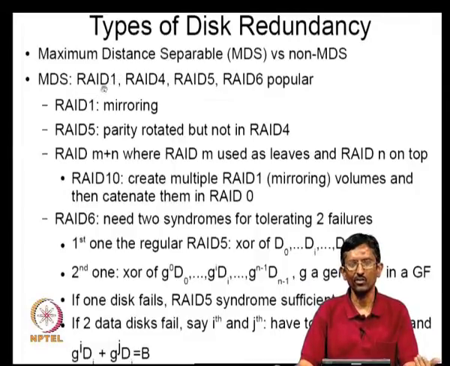That is why, if you look at these kinds of systems, if there is a single failure, I can figure out which disk actually failed, and then I can use parity, for example, to fix the problem.